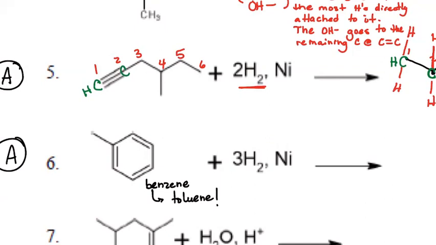Now, I mentioned to you guys that alkenes need H2 to turn into alkanes. Alkynes need 2 H2s to turn into an alkane. It doesn't matter if I put 3 H2s with the catalyst, okay?